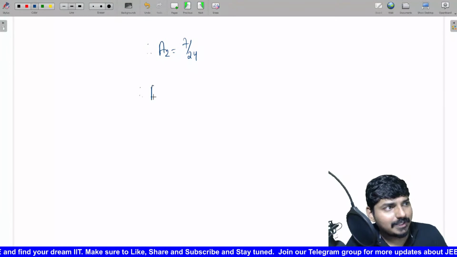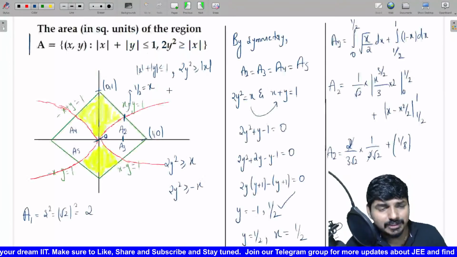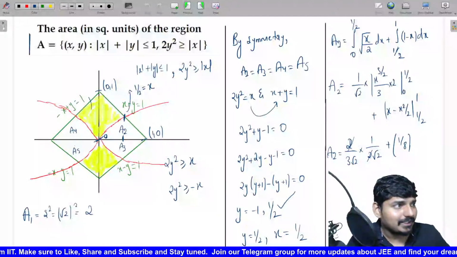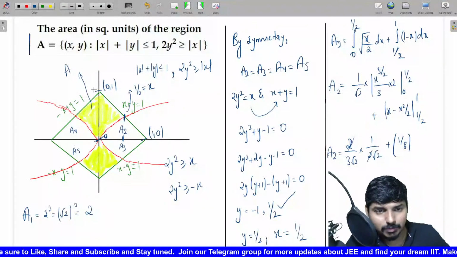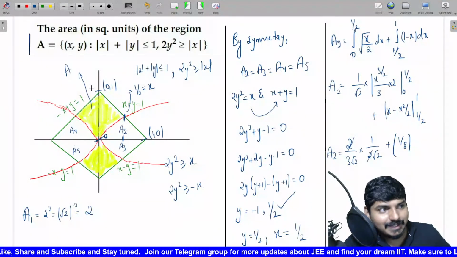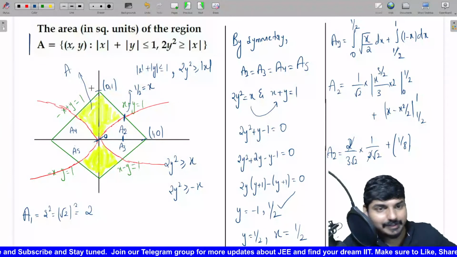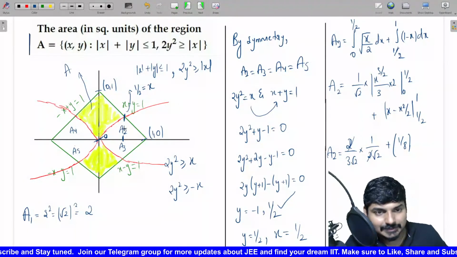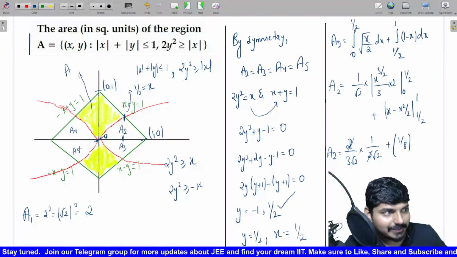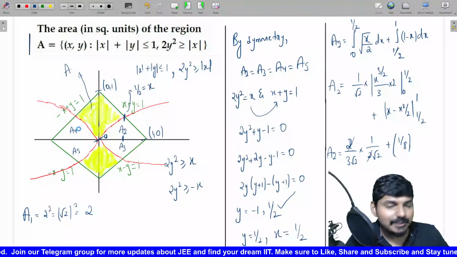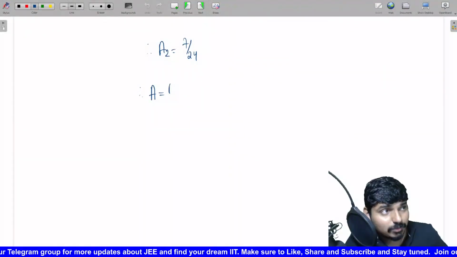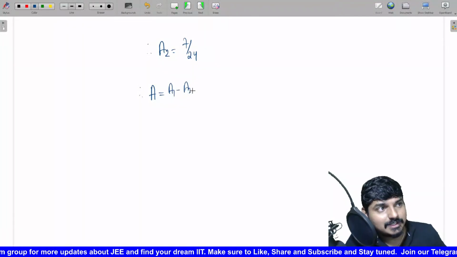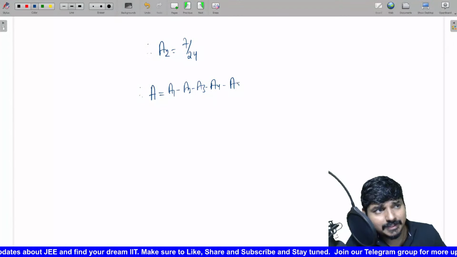Now, this is the area of the region that is required. To find this area, what will we do? From the complete A1 area you need to remove A2, A3, A4 and A5. So the required area is A1 minus A2 minus A3 minus A4 minus A5.